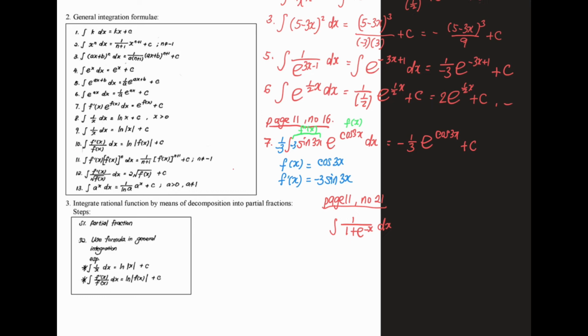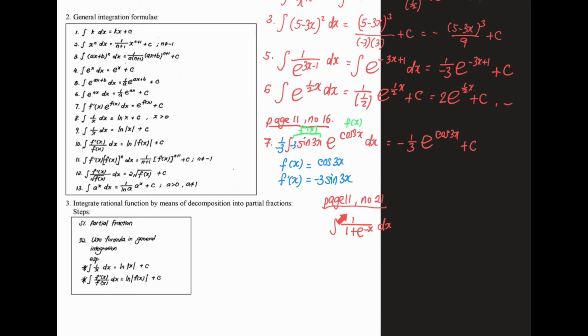So how to use formula 10? It seems like it doesn't work well either, because if the bottom is f(x), I differentiate the f(x) and I will get negative e to the negative x, which is supposed to stay on top, but I don't have that. So we need to use a certain technique.